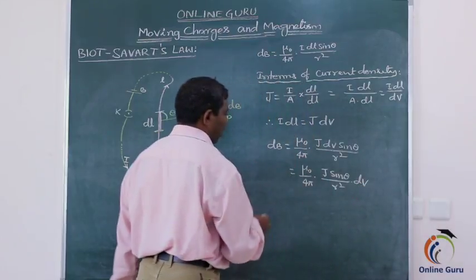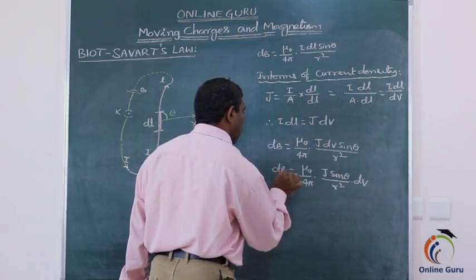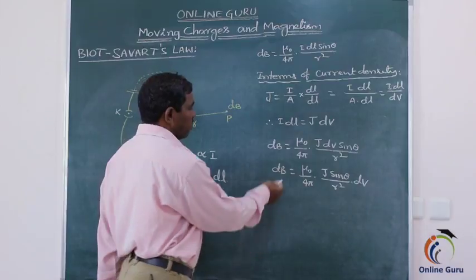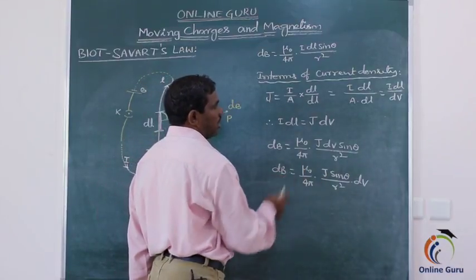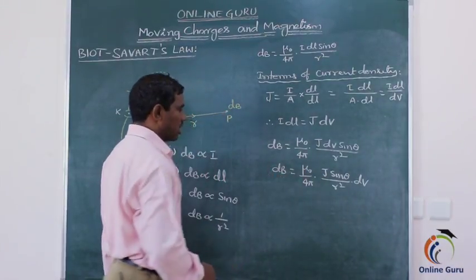This is the magnetic induction in terms of current density by Biot-Savart's law.